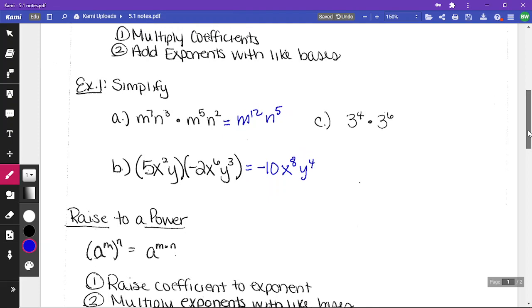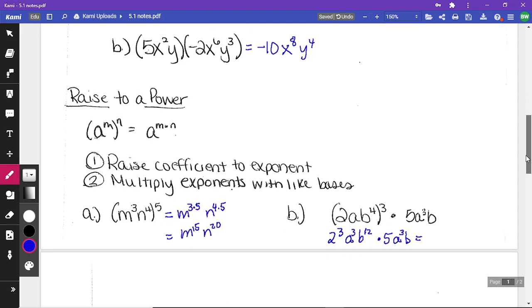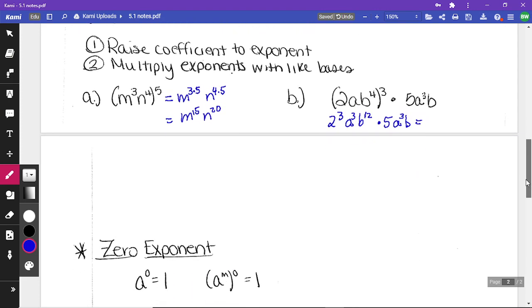We multiply coefficients, and then we add the exponents with like bases. So the coefficients are 2 times 5, 2 and 5. So we multiply those to make 10, and we add the exponents with like bases. So a cubed, and we have another a cubed over here. Okay, so that's a to the 6th, right? Add 3 plus 3.